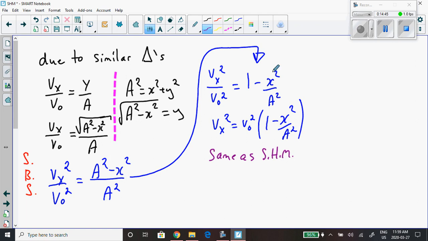And I could go through exactly the same argument for Vy. So we proved it to you before just by looking at the simulation and looking at the object moving about, but this is a mathematical proof that proves that uniform circular motion is simply simple harmonic motion x component plus simple harmonic motion y component.